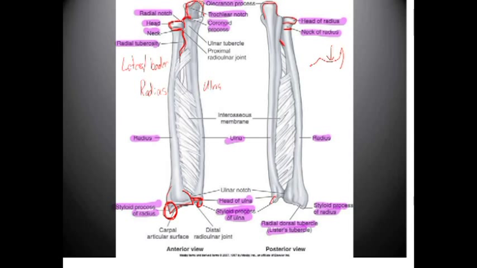We see the styloid process of the ulna, styloid process of the radius, ulnar head, and also notice the radial dorsal tubercle, or Lister's tubercle. That's this area right here.